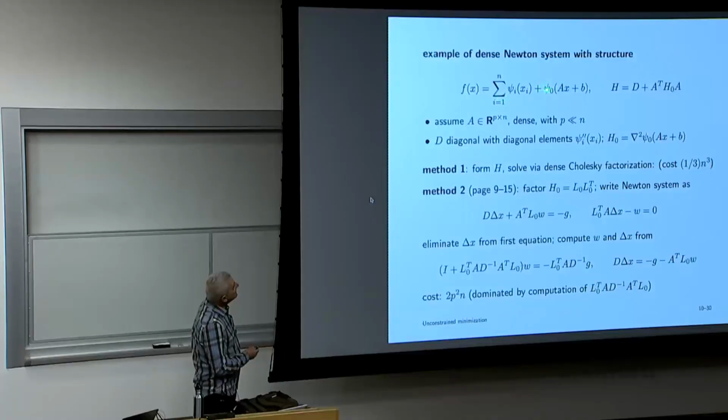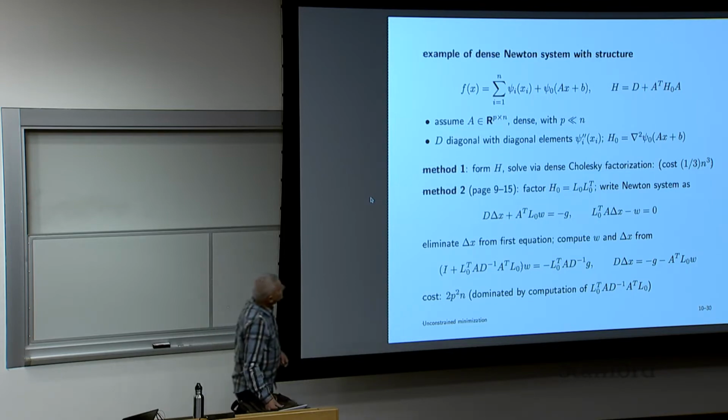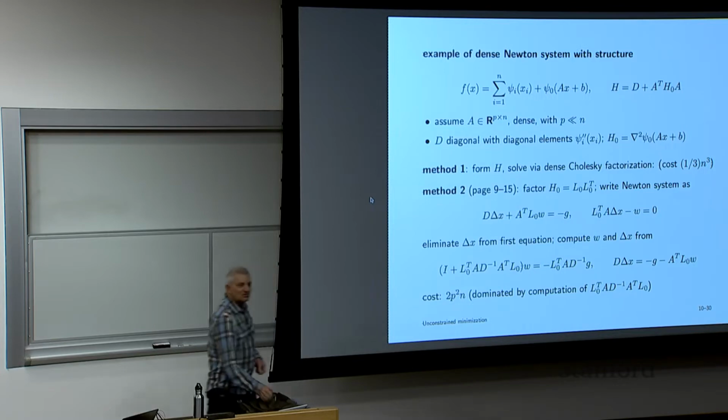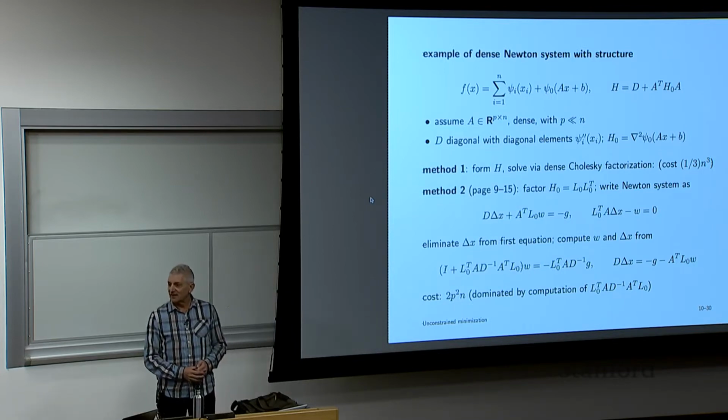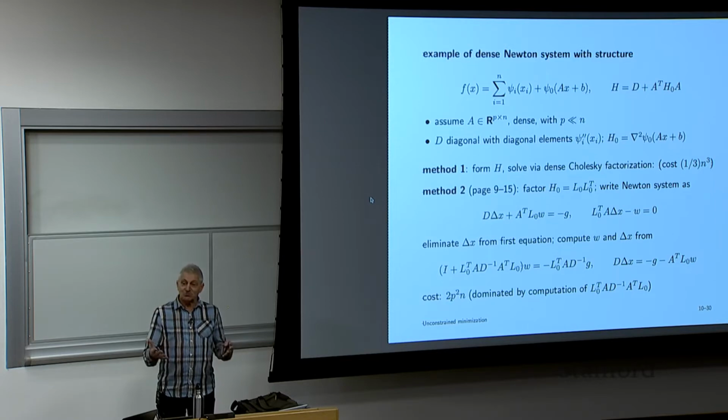Now, the Hessian of this, you can work it out, but it's this: A transpose, here we're assuming A is wide, then H_0, the Hessian of this thing, and then times A, right? If you look at this long enough, you realize, oh my God, that is diagonal plus low rank, right? And so once your linear algebra structure center of your brain is up to speed, that should be blinking, saying you can solve this faster.